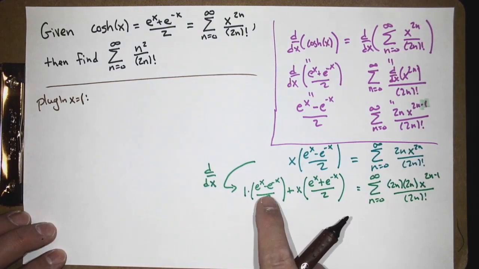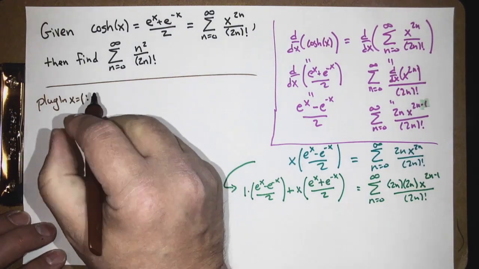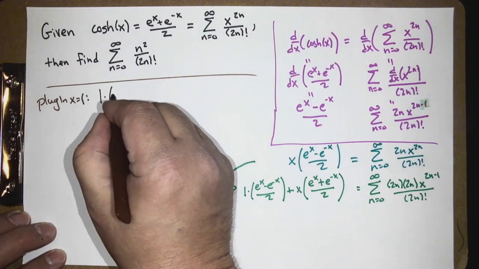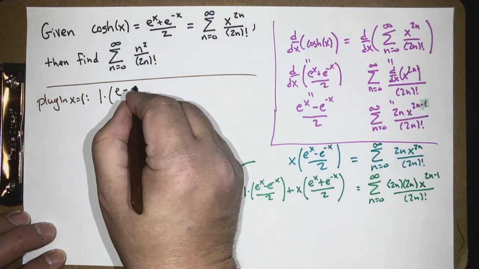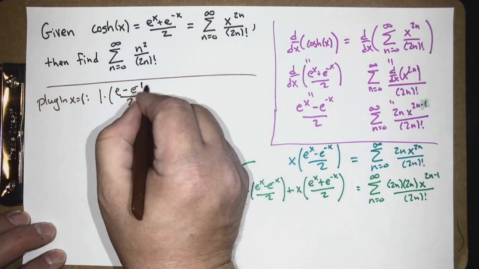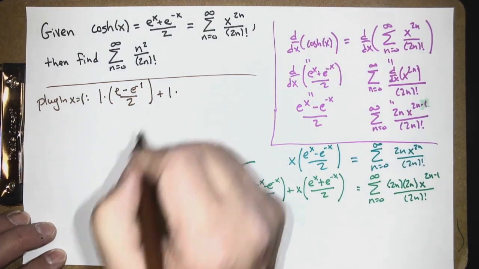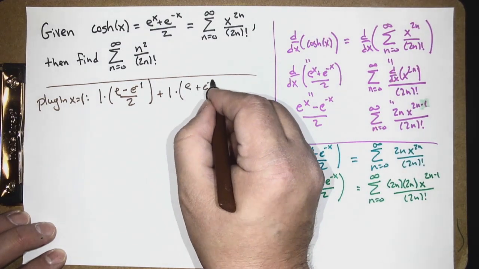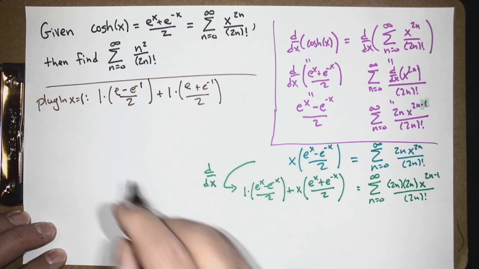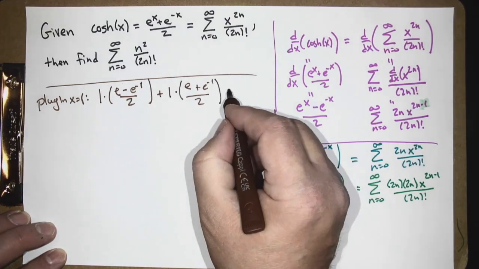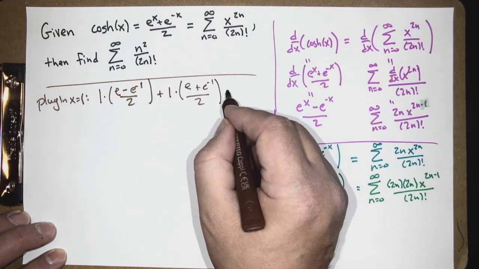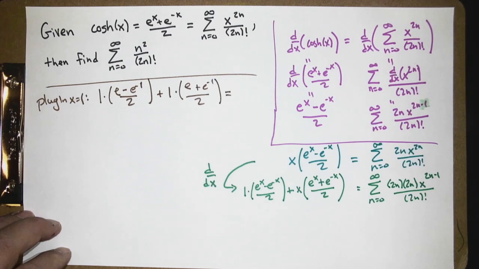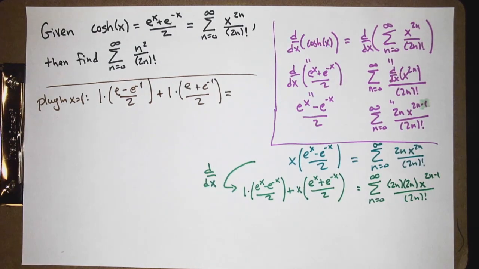All right, so we have here 1 times e to the 1 minus e to the minus 1 over 2 plus 1 times e to the 1 plus e to the minus 1 over 2. Okay, that's on the left-hand side. I think that simplifies. What does this become? Becomes e.